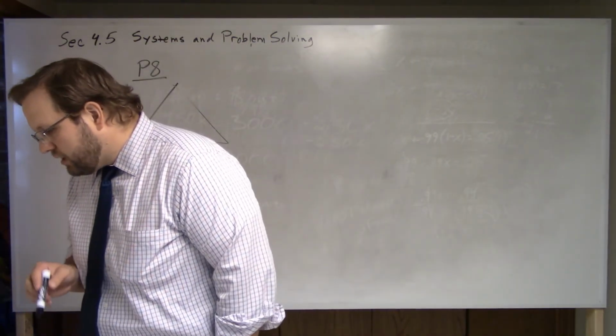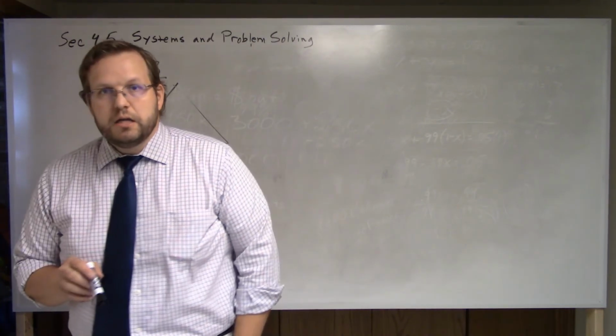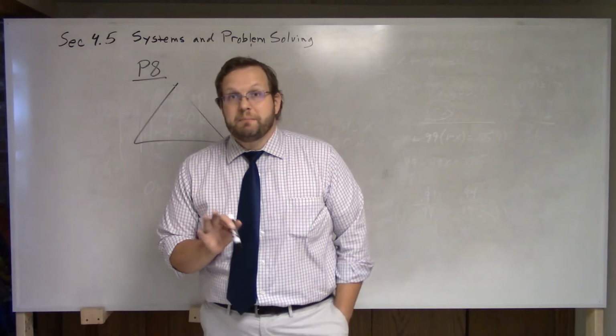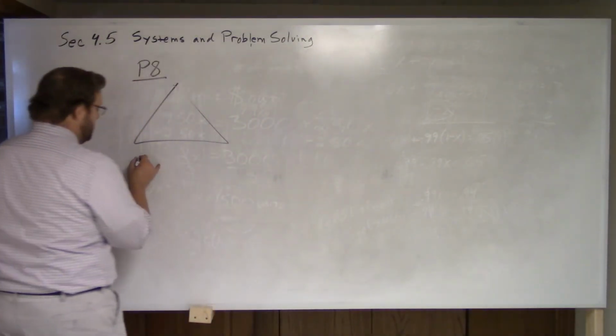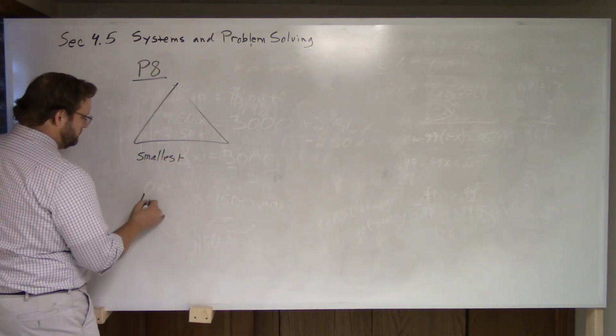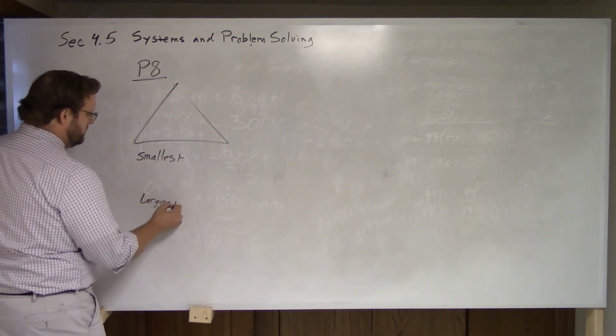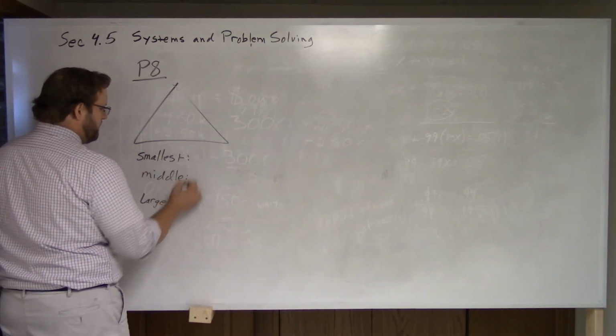The measure of the largest angle of a triangle is 40 more than the measure of the smallest angle. So that smallest angle they mention, but they say nothing about it. So if I go with my smallest, largest, and then let's call this one the middle one.